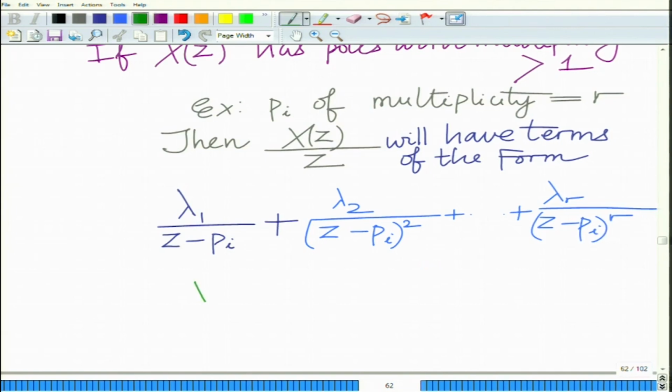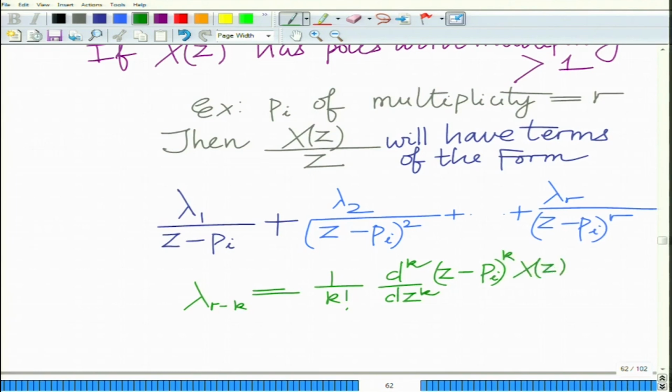Each such pole contributes these terms, where lambda (r minus k), for k equals 0 to r minus 1, is given as 1 over k factorial times the kth derivative with respect to z of (z minus pi) raised to the k times X(z) over z, evaluated at z equals pi.